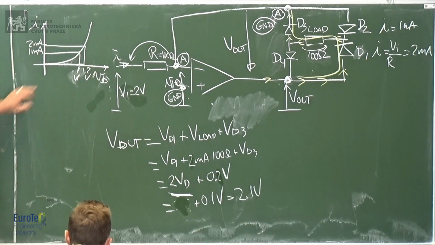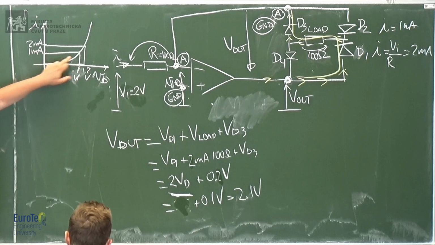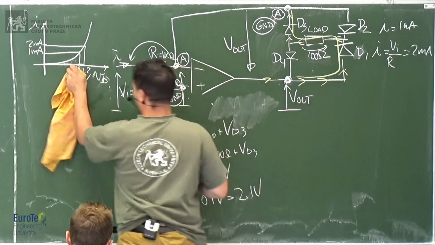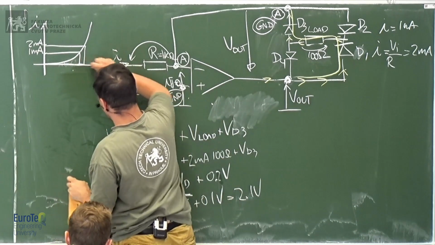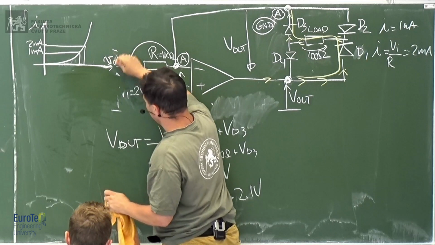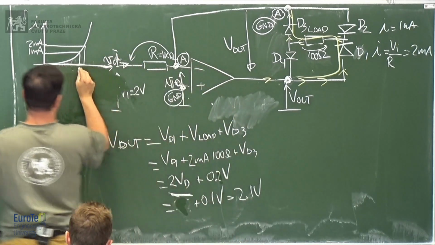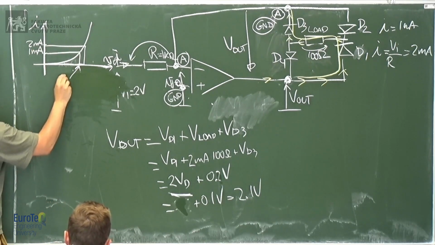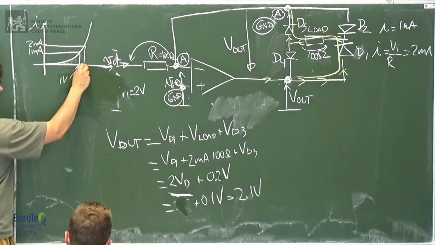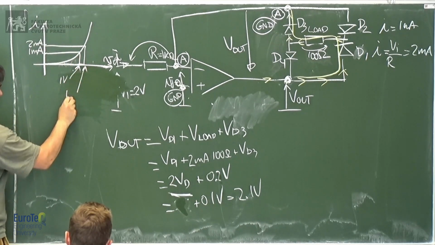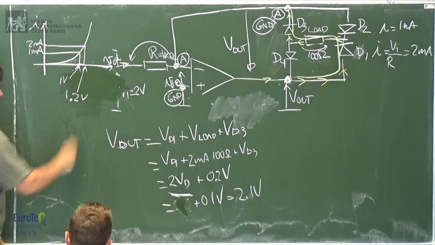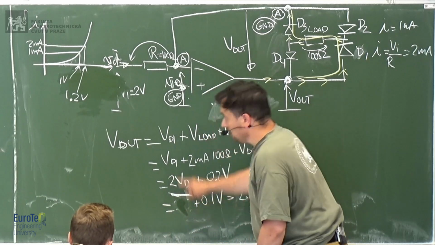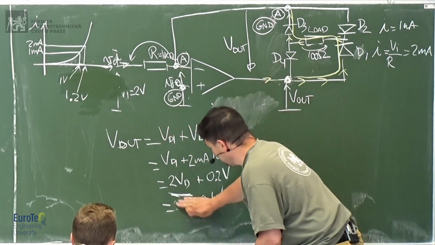Let me draw it better. This is the voltage on the diode. In order to obtain 1 milliamp, we had 1 volt. In order to get 2 milliamps, we need 1.2 volts. So now I have here 2 times 1.2, so it's 2.4.